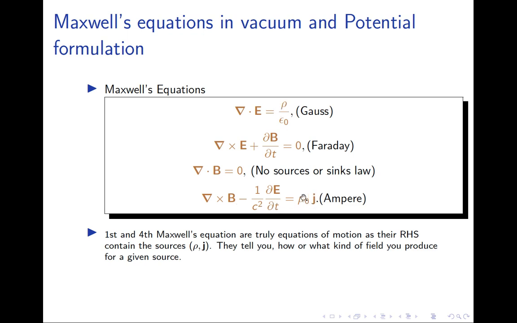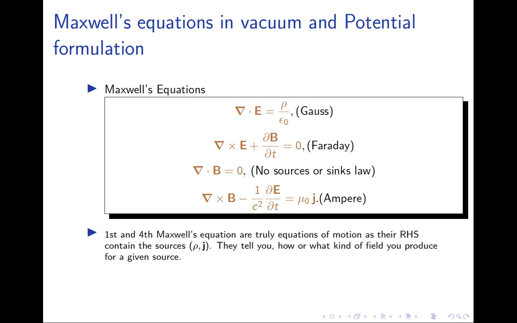The current density is situated here. So these first and fourth ones, Gauss law and Ampere-Maxwell law, are truly equations of motion, as the right-hand side contains the sources. They tell you what kind of field is produced given a source. So given a source, which is rho and J, it tells you what E and B should be using this equation.